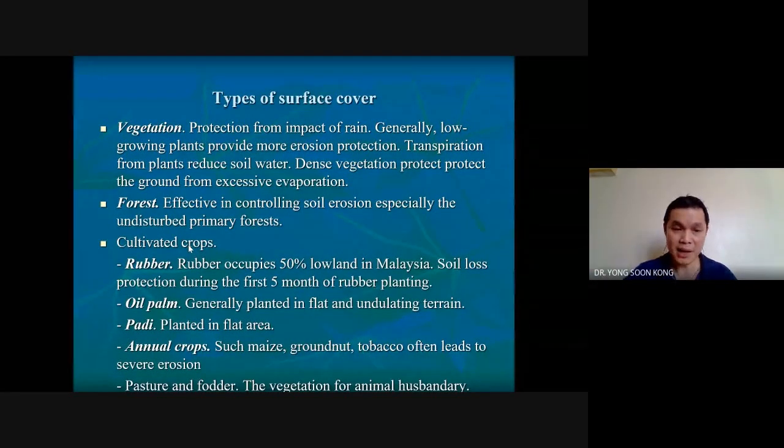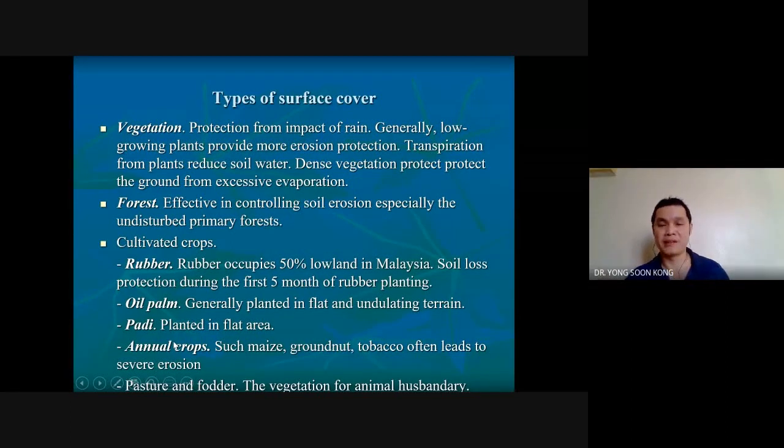Right? However, if you look at paddy and also annual crops like your jagung, your maize, your groundnut or your tobacco, you remember how people harvest this crop? They just chop down the entire plant. Because why? Like for example, your groundnuts, where do they live? They live in the ground. And then your ubi kayu, for example.